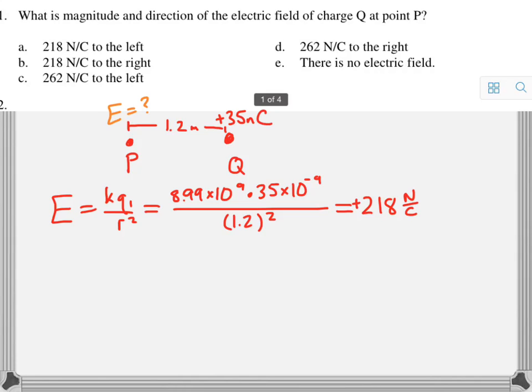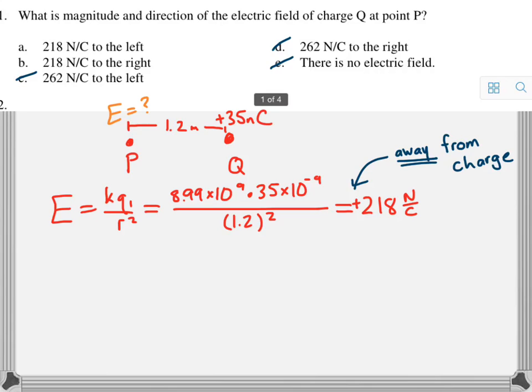Well, that in itself doesn't tell me that this is going to the right. What this is telling me is that it is going away from the charge. And by the way, just by seeing this number, we could have eliminated C, D, and E, which a lot of us did. But like I said, the direction, this positive number, tells us that the electric field is away from the charge.